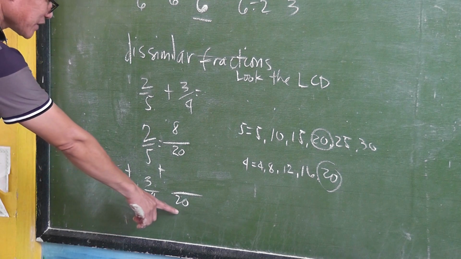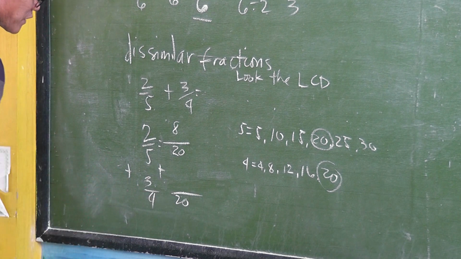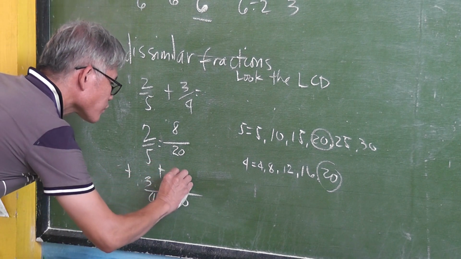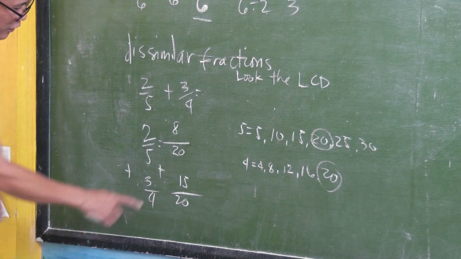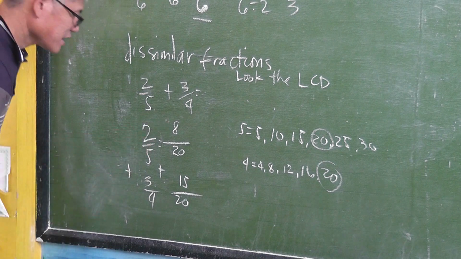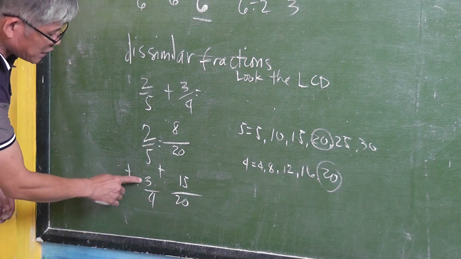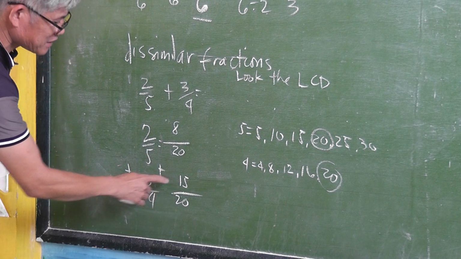And then 20 divided by 4 is 5, times 3 is 15. So 20 divided by 5 is 4, times 2 is 8, and 20 divided by 4 is 5, times 3 is 15.